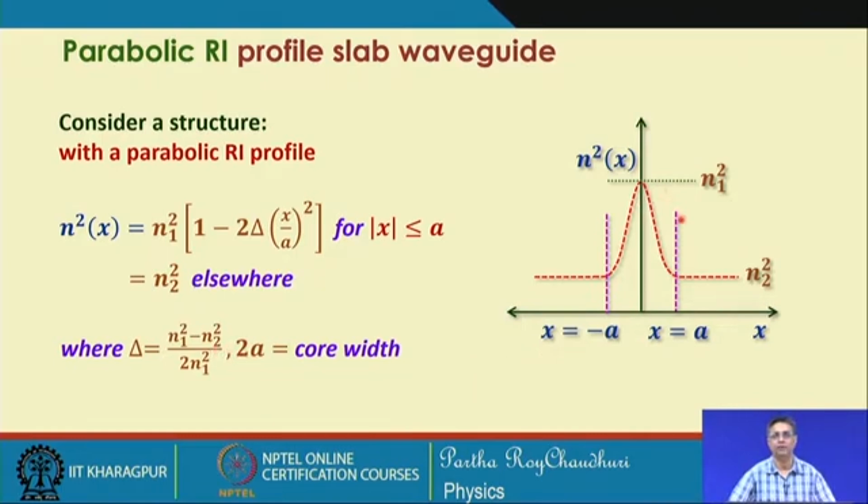So, you have a waveguide which has a core between minus a to plus a, and the maximum refractive index is n 1 square here. The constant minimum value that it assumes at the cladding is n 2 square.